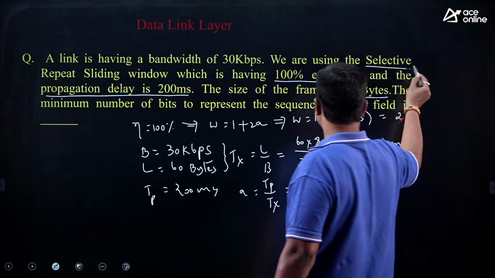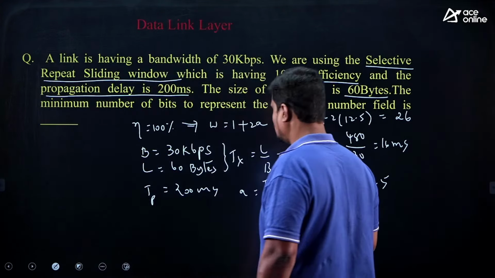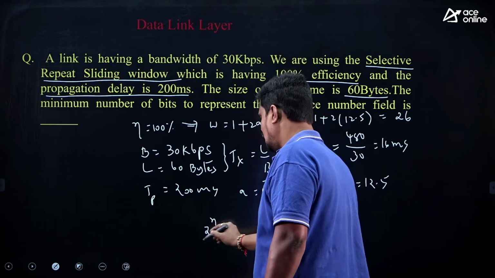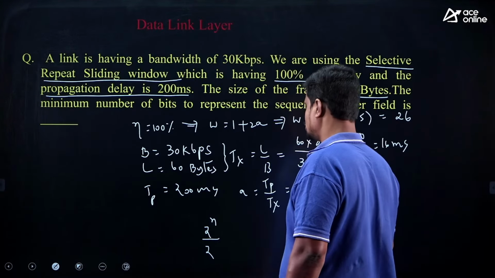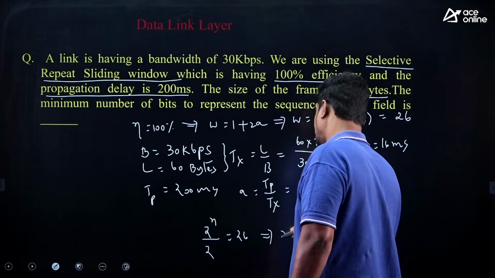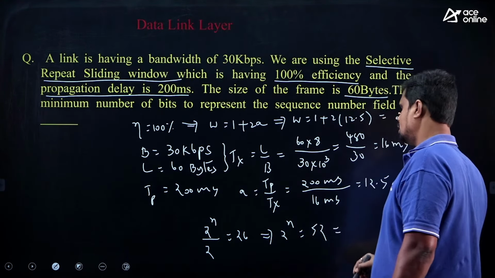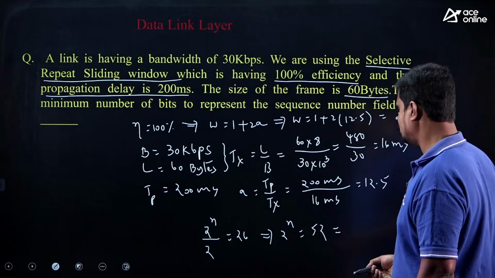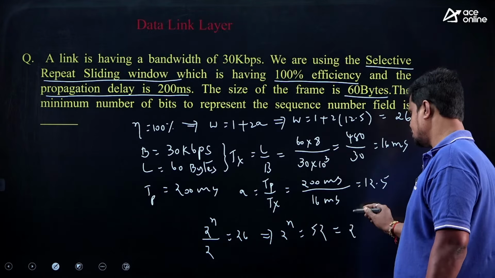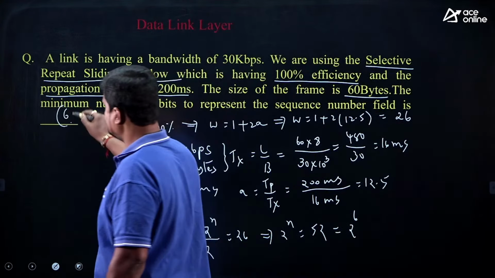But this is a selective repeat sliding window. So in selective repeat sliding window, what is your W? Half of 2 power n. So half of 2 power n is equal to 26. Then 2 power n is 52. Then how many bits are needed to have 52 frames in your window? In the sense 6 bits. So 6 bits is the answer for this question.